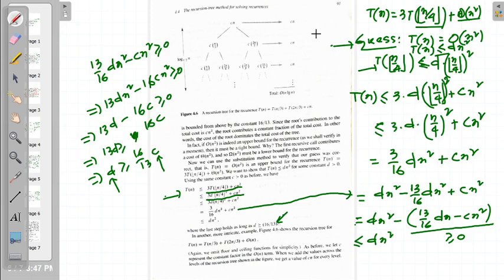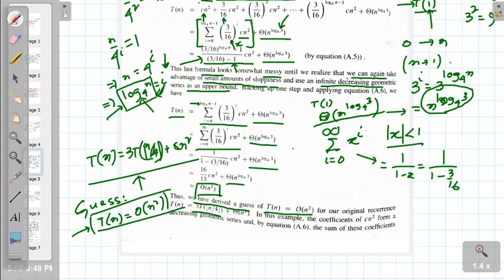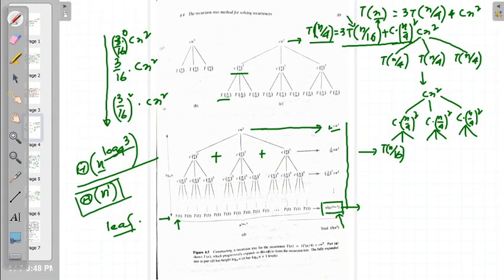We are on the right track. I guess time is up today. So this was the recursion tree, how to guess the solution, and then how to solve it by using the substitution method.